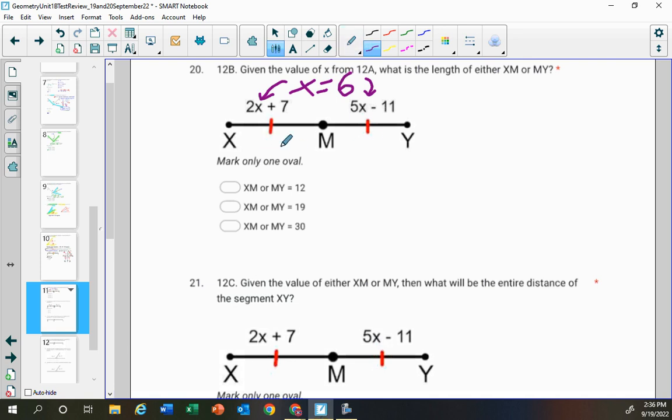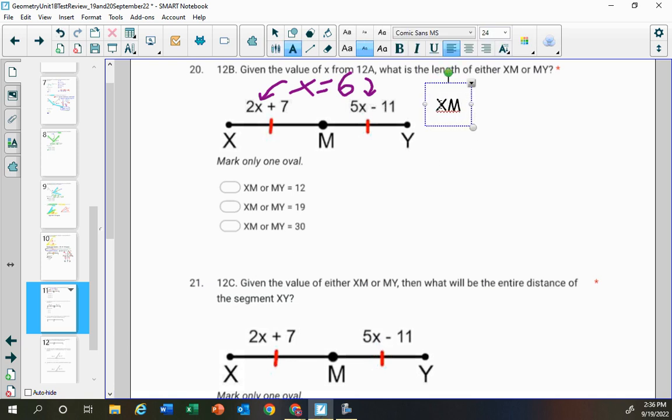So you could do XM equals 2 times 6 plus 7, or MY equals 5 times 6 minus 11.